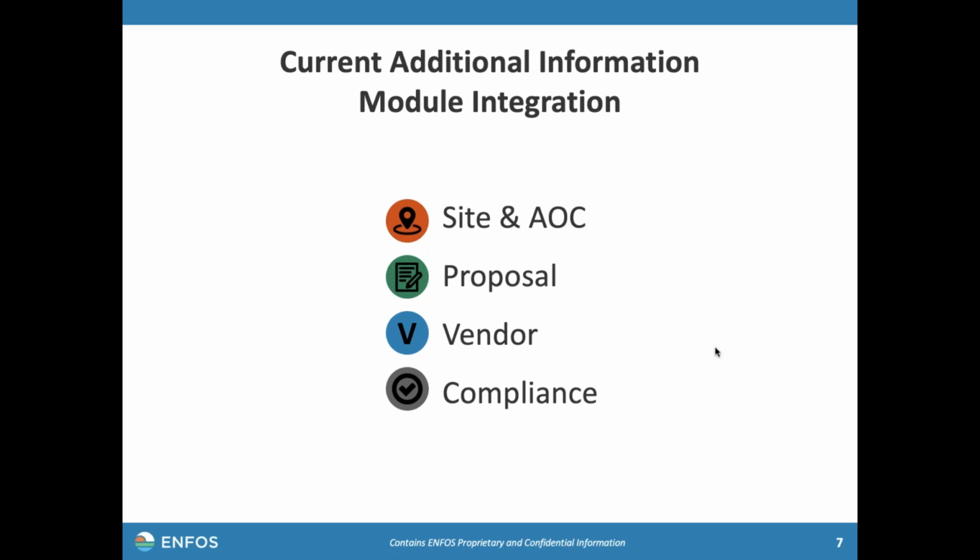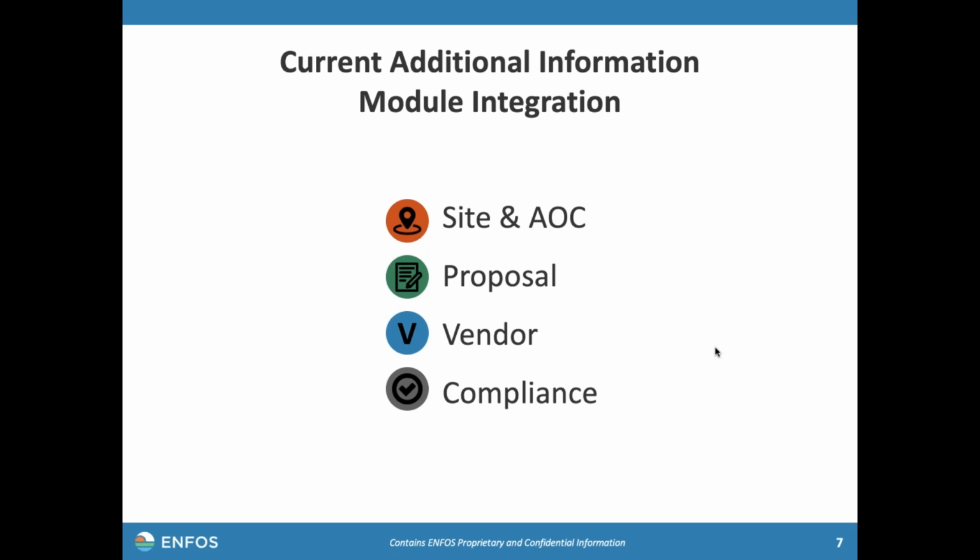So we can add this to the site and the AOC modules within ENFOS, as well as any level in your hierarchy, right? We know you can have up to 20 levels, and you can manage this information on any of those levels in the hierarchy. You can manage it within your proposal module, and we'll look at some examples a little later where we can see information in the proposal screens.